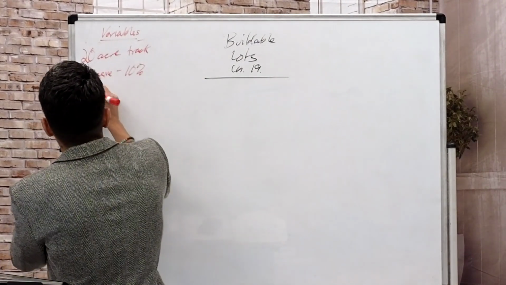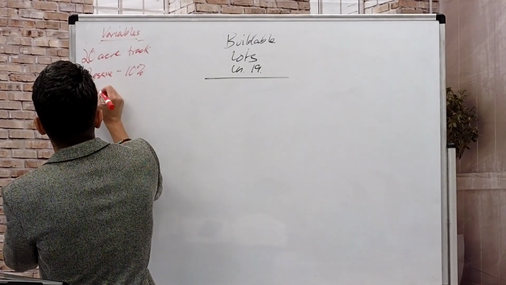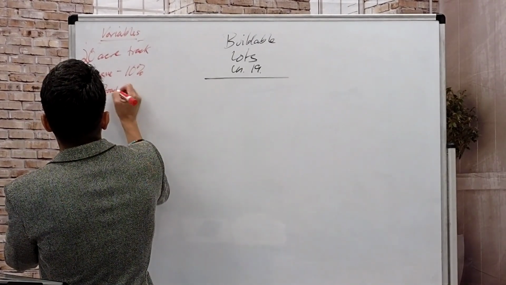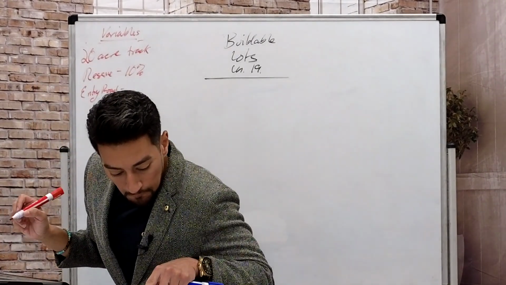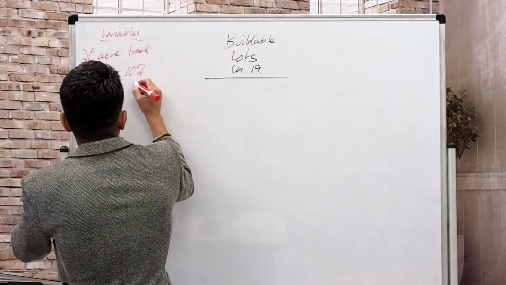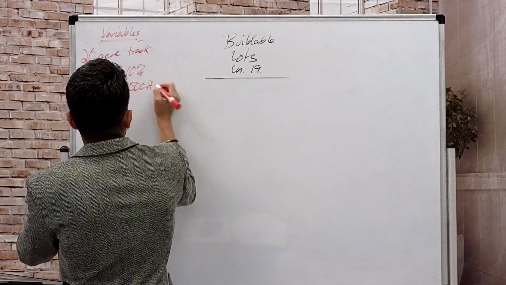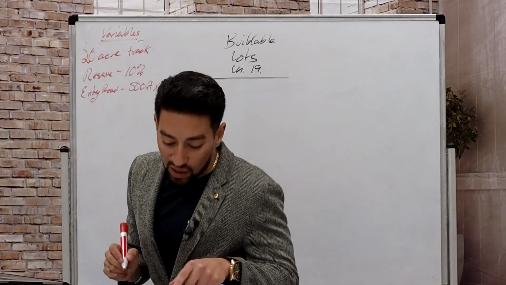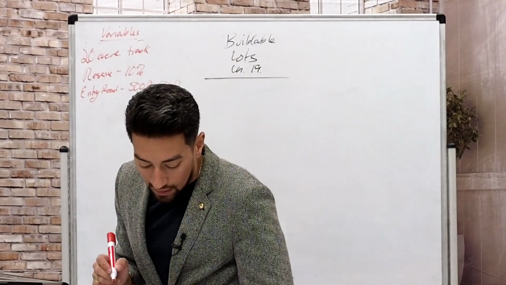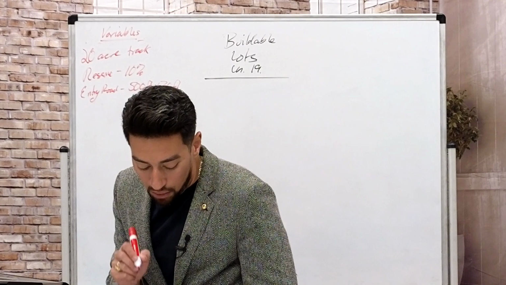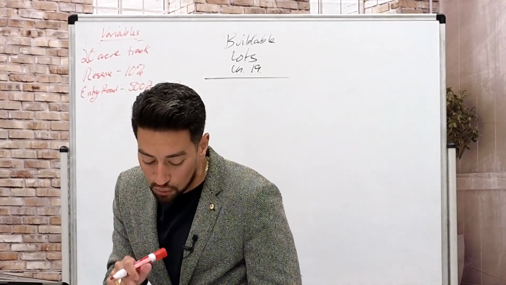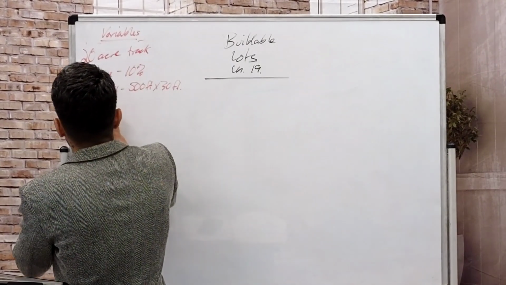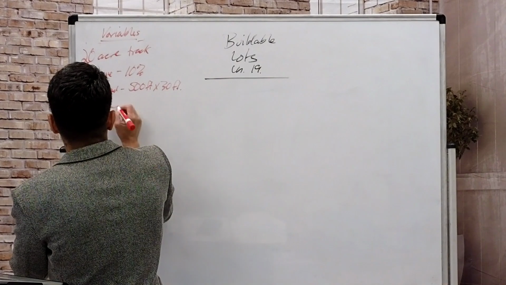Also, they're telling us that there's an entry road that is going to measure 500 feet by 30 feet wide. So 500 feet by 30 feet. Okay? And then lastly, they're telling us that the minimum square foot per lot in this particular scenario is going to be 12,000 square feet.